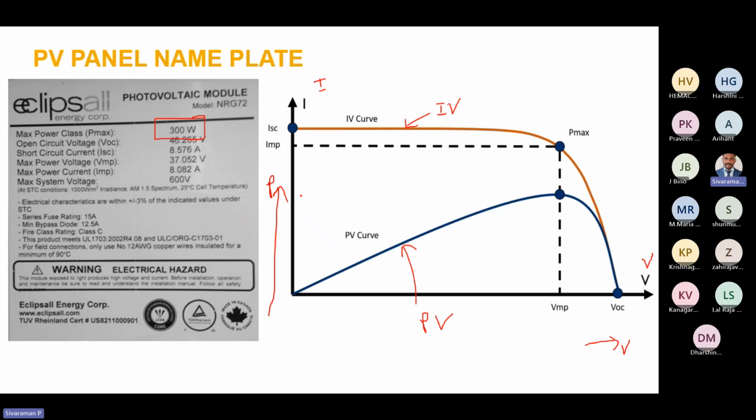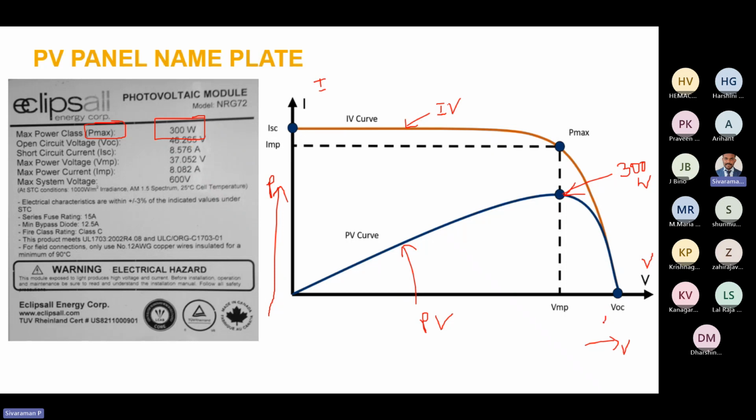Okay, so now we have to populate the nameplate values here. You can see the Pmax is 300 watt. This point is called Pmax, that is 300 watt, the maximum power point of the particular solar PV panel. Then open circuit voltage VOC is 46.265 volt.